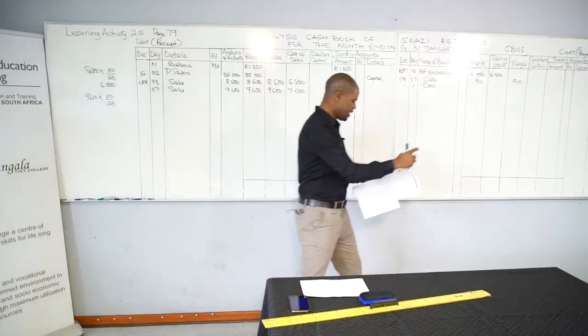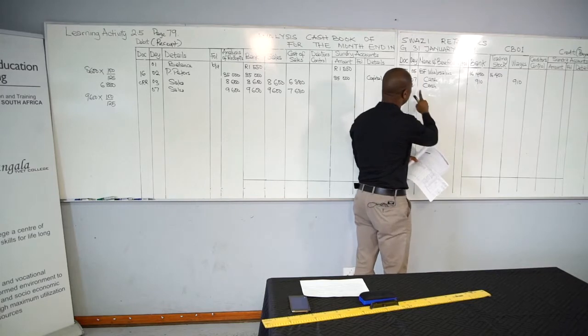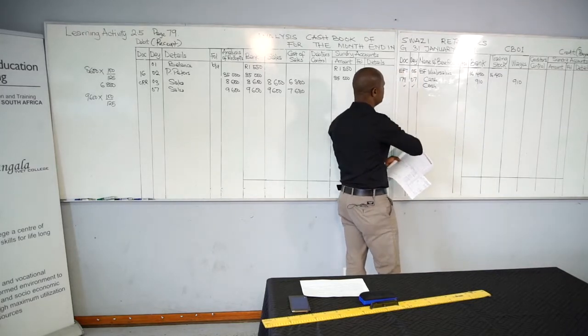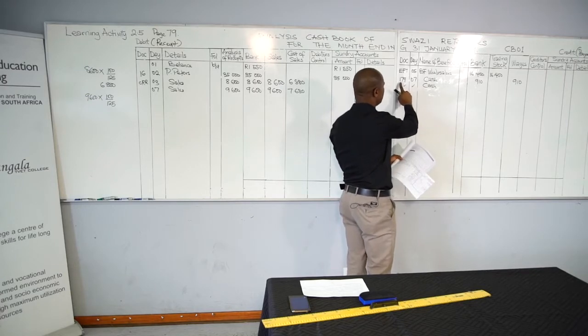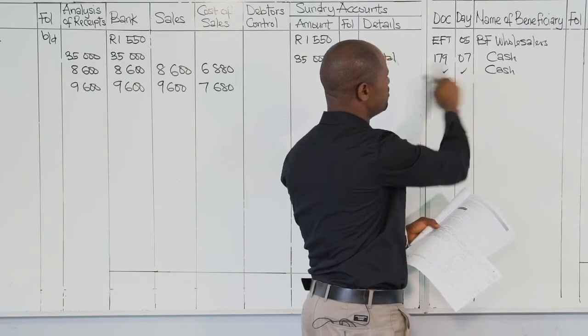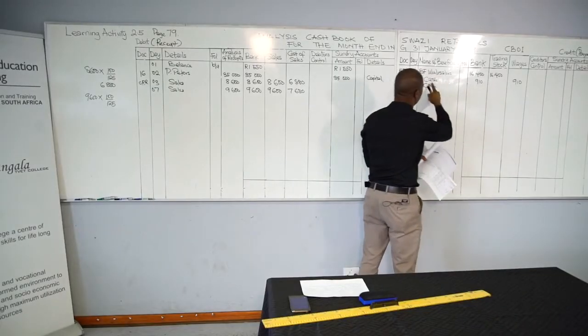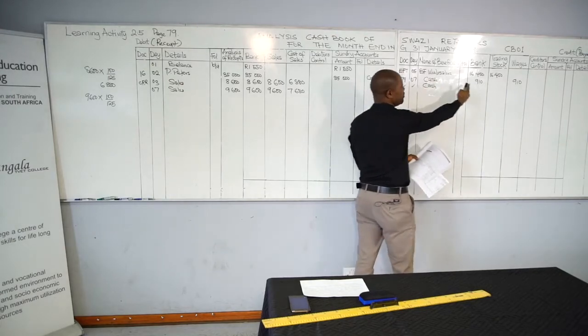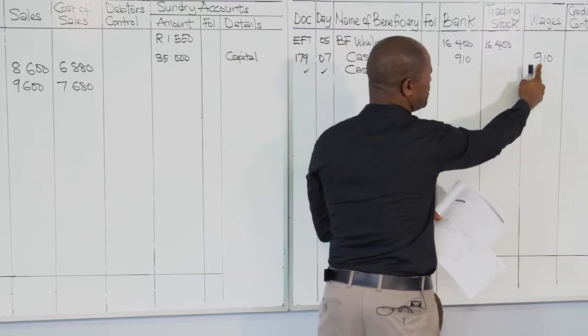All right, now we are going to go to the other side, which is the payment side, to put in the transaction. A check was issued, and the check number is 179. On this, the date is on the 7th. The payment was meant for wages, so I have put in cash 910, and it goes into the wages column.